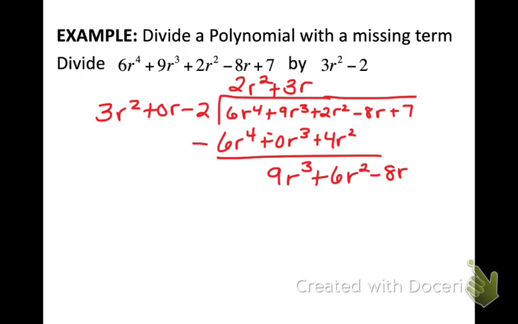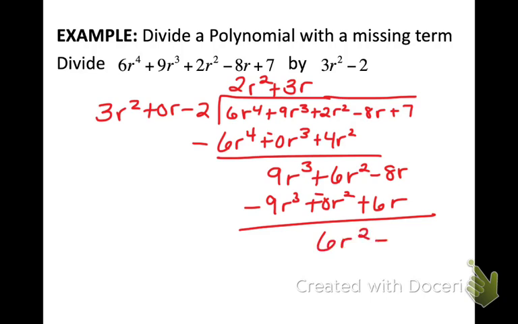Multiply it through. 9r to the third plus 0r squared minus 6r. Change all your signs so we know we're subtracting correctly. How many r squareds? 6r squared minus 2r.